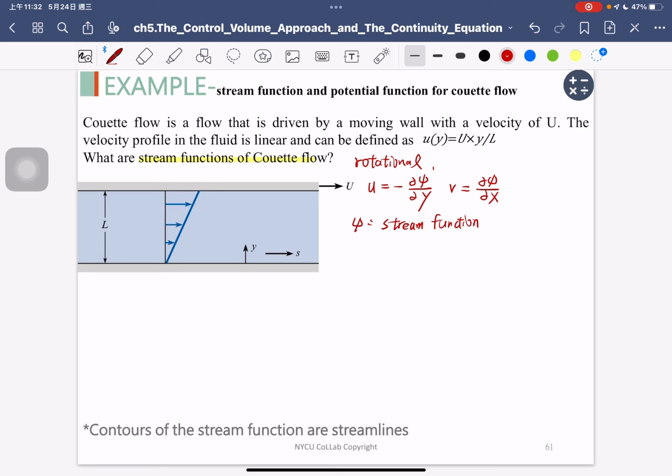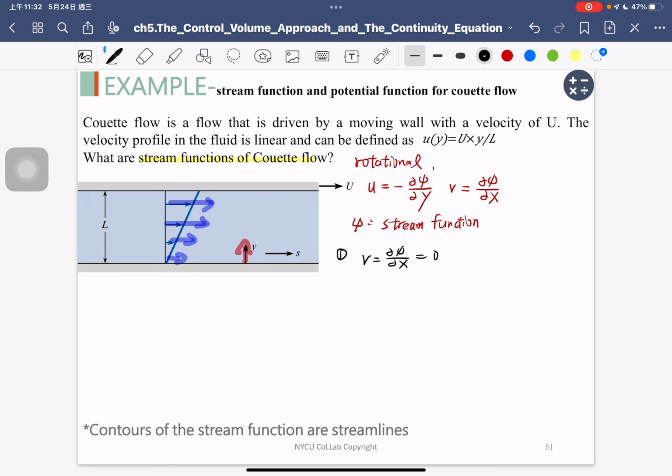As I mentioned, the Couette flow only has the u velocity along the x direction, and there is no velocity along the y direction. So we know the first condition is v equals dψ/dx equals 0.